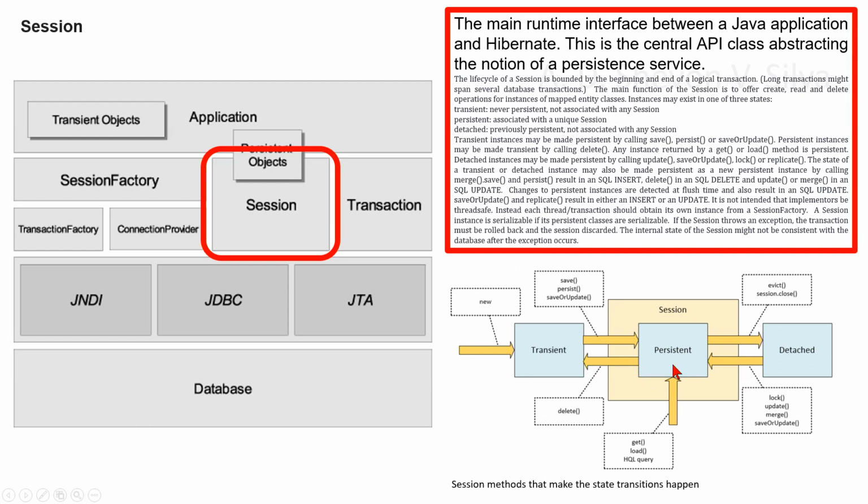A persistent object is inside the session. Persistent interacts with detached: detach, evict, and session.close move objects from persistent to detached. Lock, update, merge, and saveOrUpdate move objects from detached to persistent.